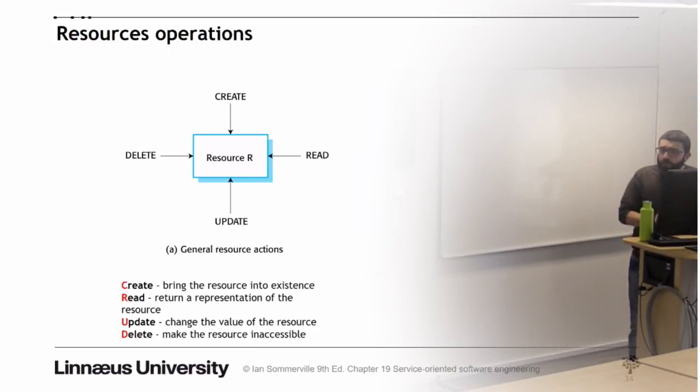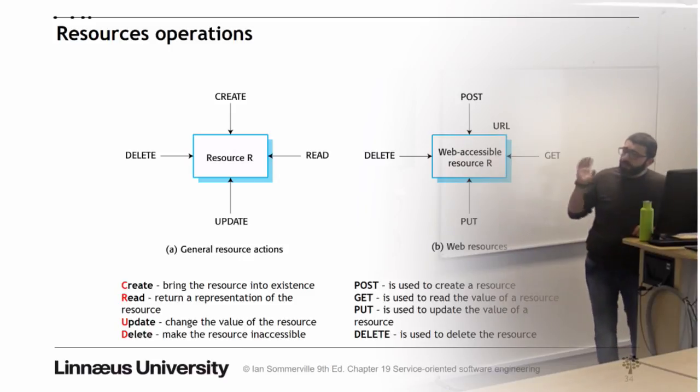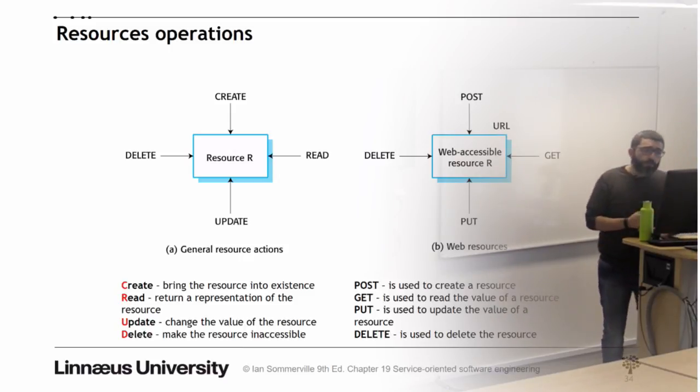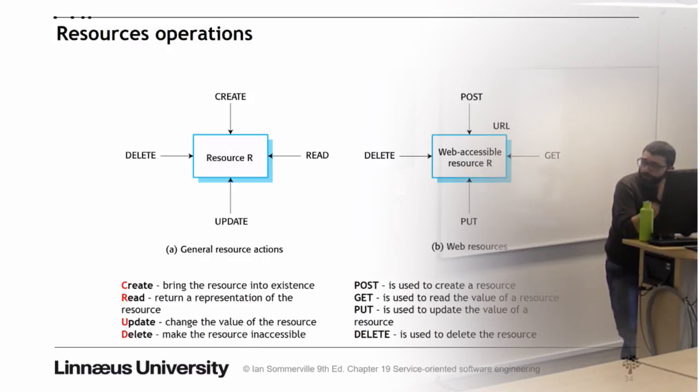On a resource, usually we can make 4 different types of operations. We can create a resource, we can read resource data, we can update this piece of data, or we can delete. And as mentioned before, there is a straight mapping between these general operations and the set of verbs defined by the HTTP protocol.